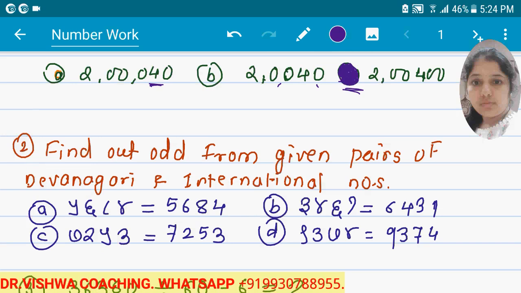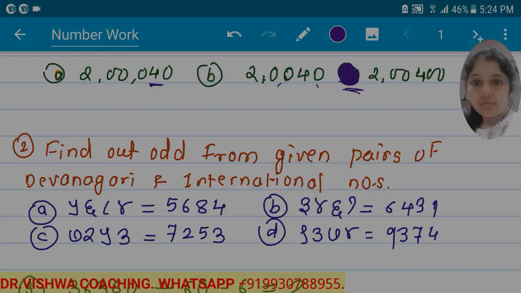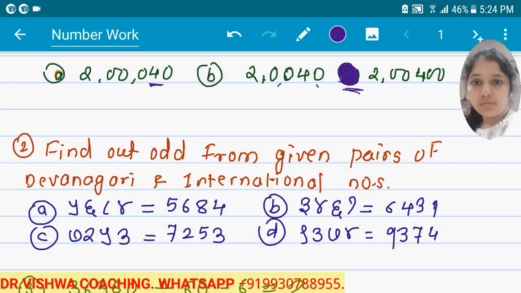Now the next format is to find the odd one out from the given pairs of Devanagari and international numbers. Different pairs of Devanagari and international numbers are given to you and we have to find the odd one. Now the first is 5684.